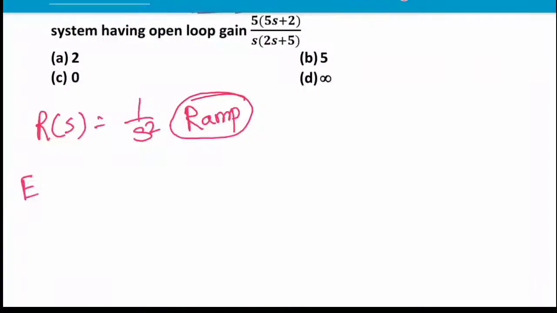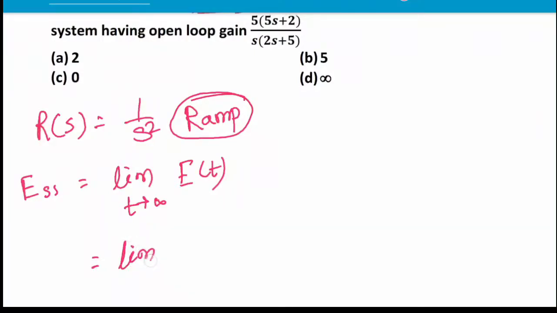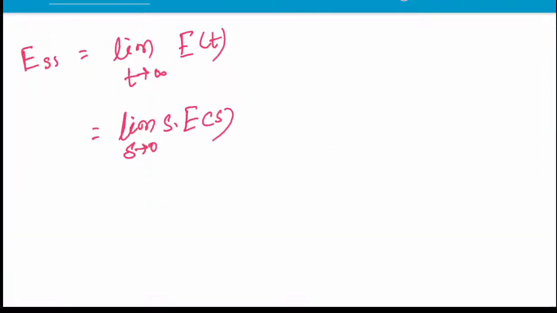Steady state error is given as limit t tends to infinity error in time form. If we apply the final value theorem, then in case of Laplace, this will be limit s tends to 0 s into error in Laplace form.